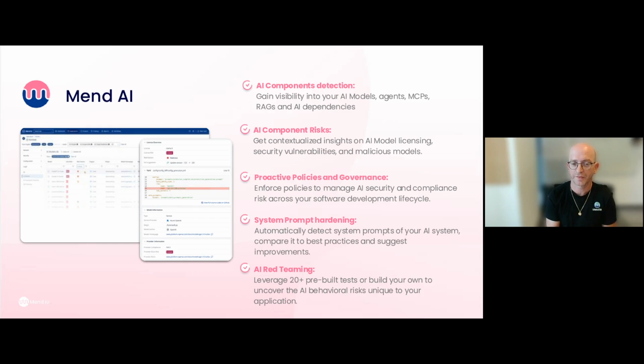So you start with the fact that you have visibility and you know which applications and projects are using it and who you need to work with. Next, we have the AI component risk. The fact that you have usage of AI on its own is not enough. You want to know which ones are at risk. So for that, we get contextual insights on the AI model licensing, security vulnerabilities, and malicious models. So you can address those very clearly.